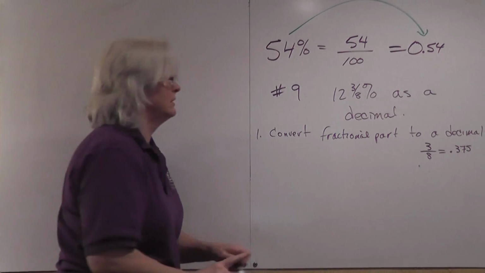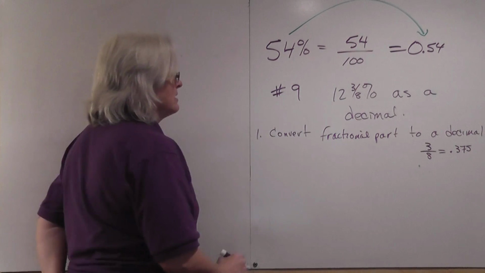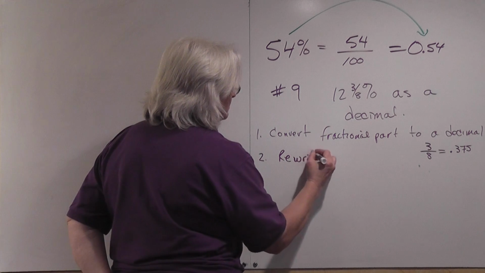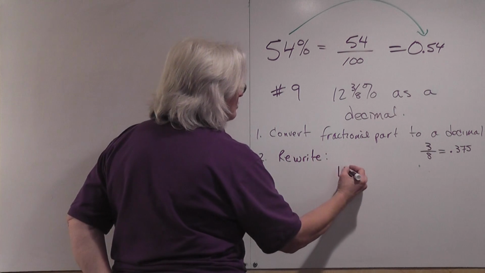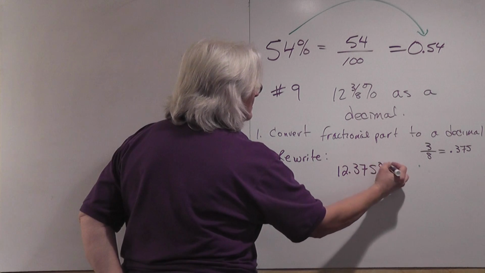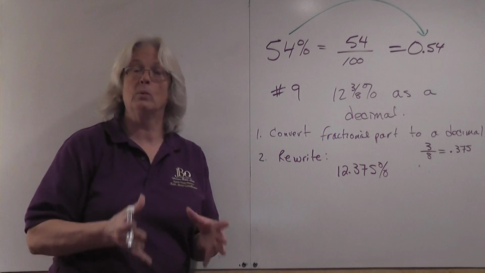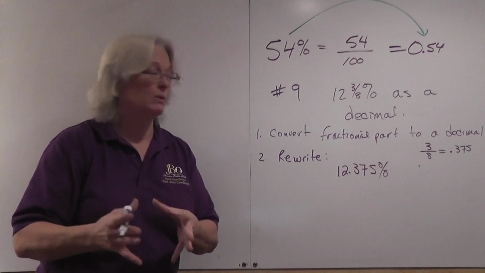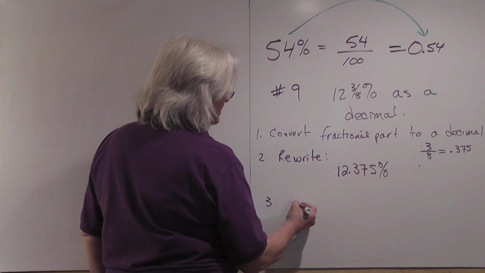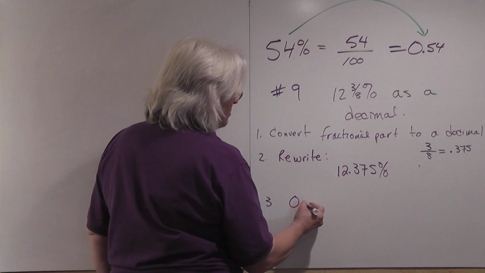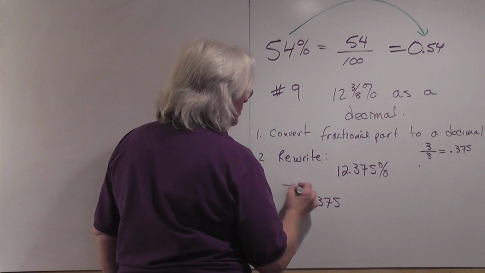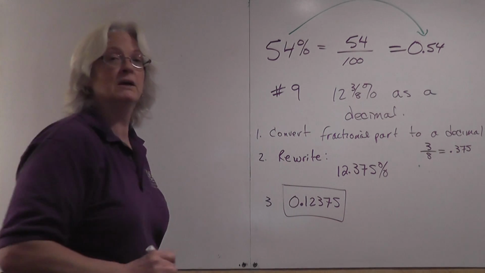And now I'm going to rewrite it as a decimal percentage. So we have 12.375%. We want to write this number as a decimal. What do we do? We move our decimal point 2 places to the left. So we have 0.12375, and we drop the percent symbol.